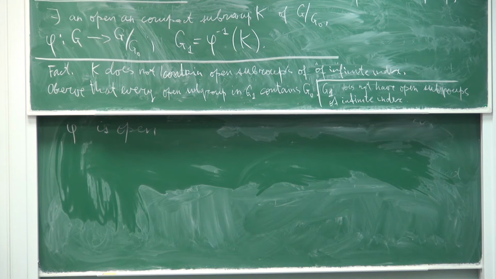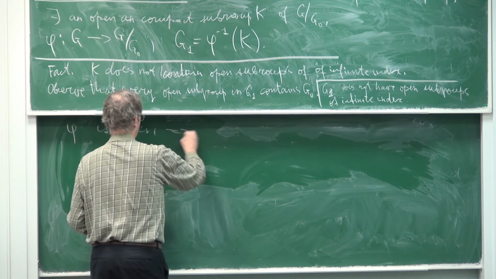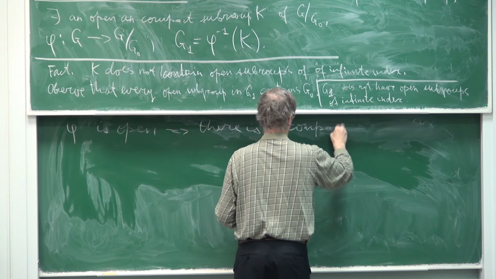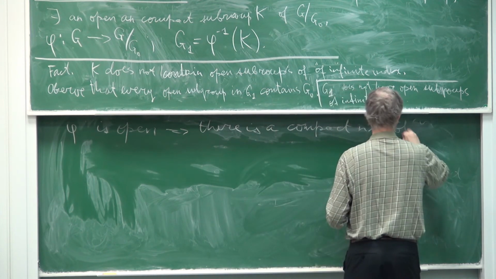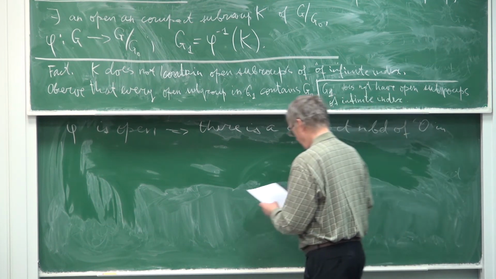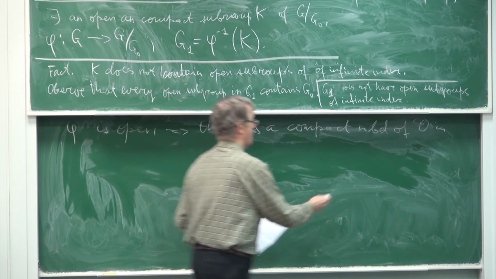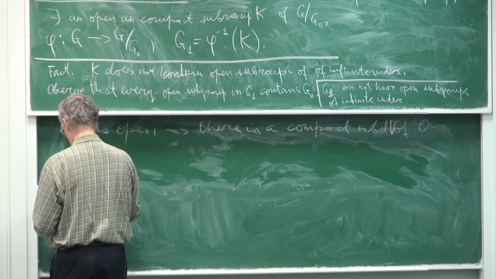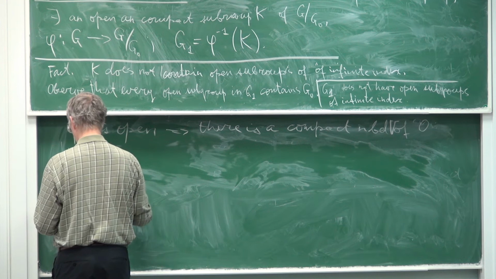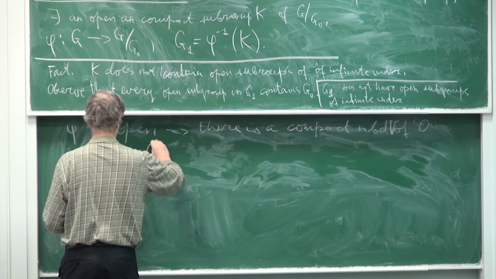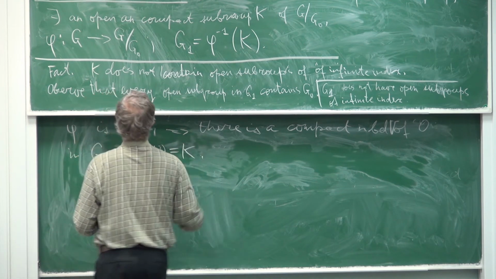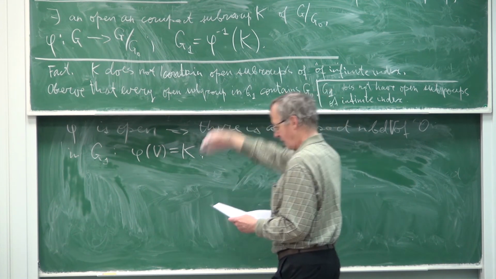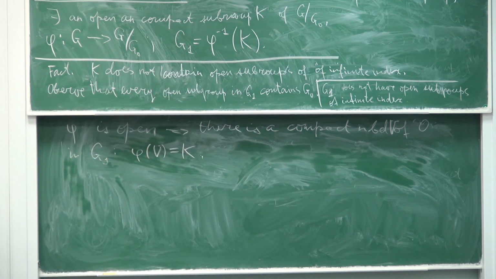And from this it follows that there is a compact neighborhood V of 0 in G1, so that phi of V is equal to K. I remind you that K is an open compact subgroup, so it is lifted as some open compact set.